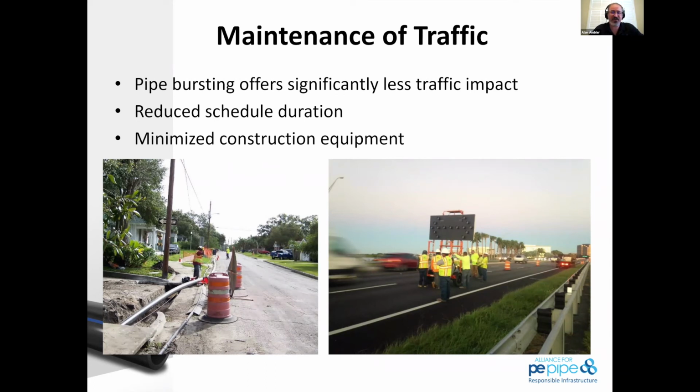So we look at significantly less traffic impact, especially when we compare to a traditional open cut. The production limitations of an open cut job really allow only so much to be done via bell and spigot. And the simple time savings of a long run being fused in advance is where we're really taking advantage of schedule reductions that are fairly dramatic.